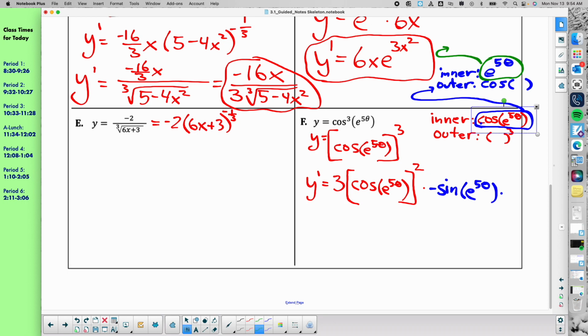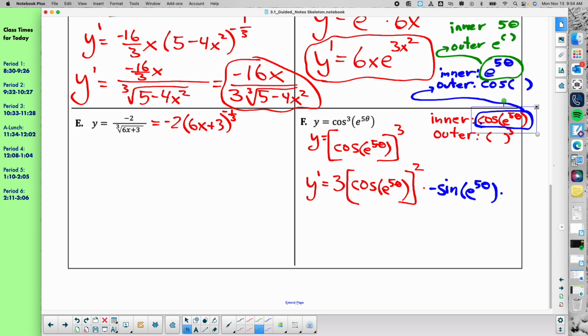Basically, each time I ran into something different, I have to take a separate derivative. Okay, so e to the 5 theta, the outer is e to the power. The inner is 5 theta.